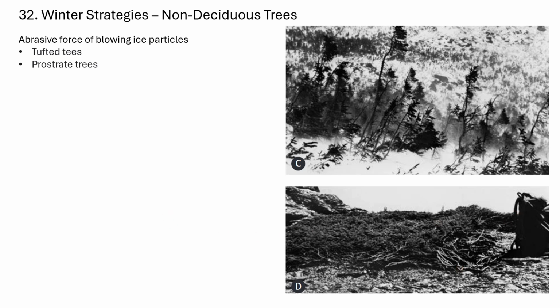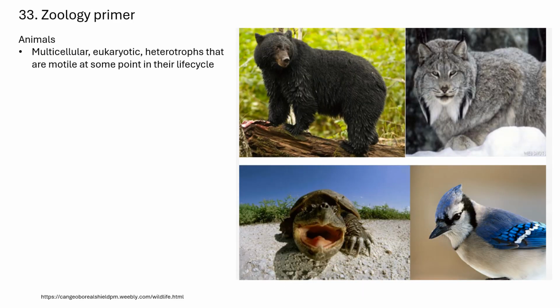Okay, well, that was a little intro to think about winter strategies seen in woody plants, both deciduous and non-deciduous trees. We're going to switch gears now to zoology, the study of animals. And what is an animal?